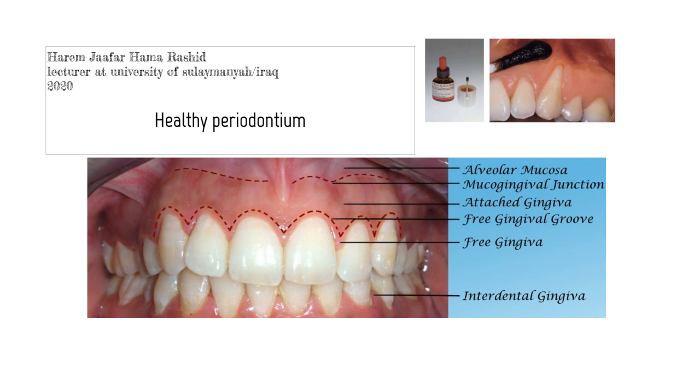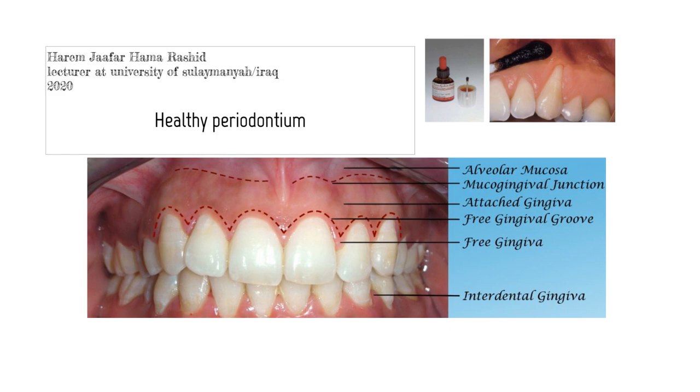The gingiva mainly comprises many segments or parts. One of them is the free gingiva or gingival margin, and the other is the attached gingiva. And here we have the oral mucosa.